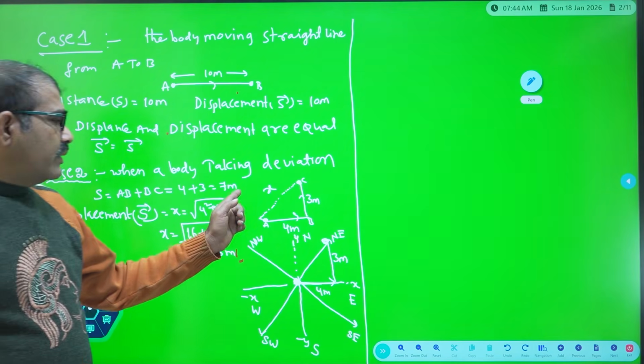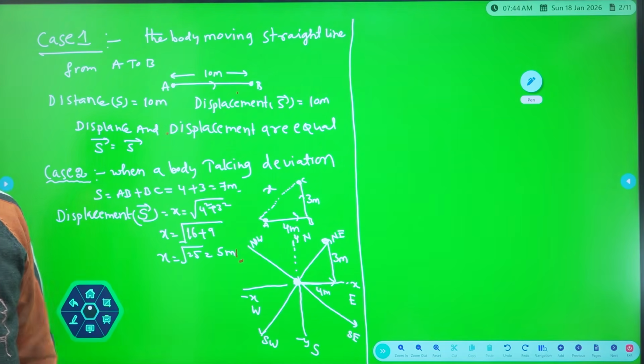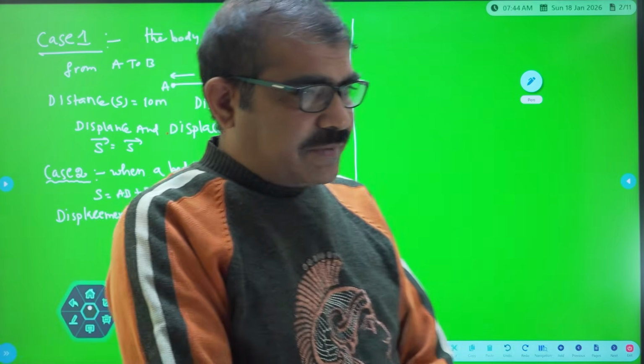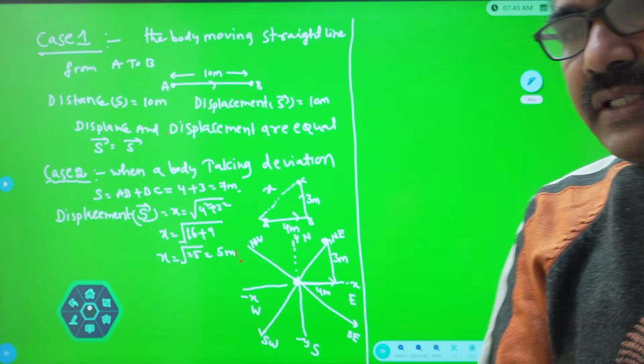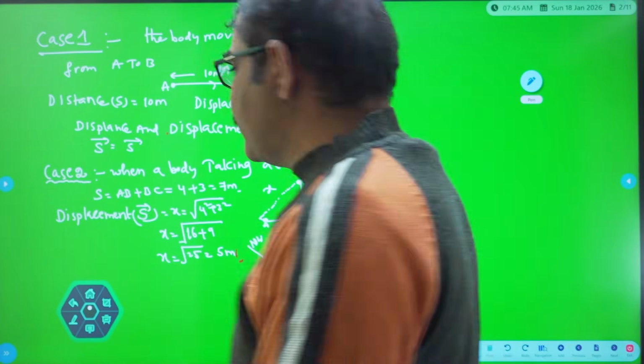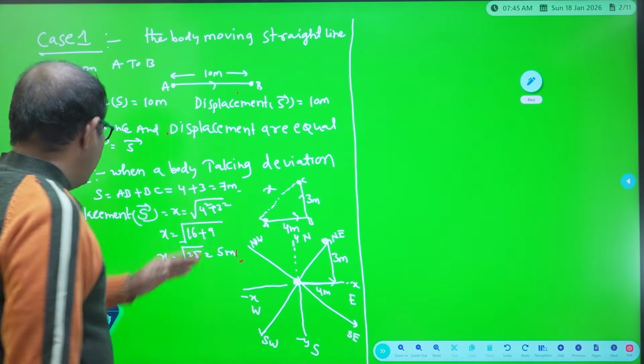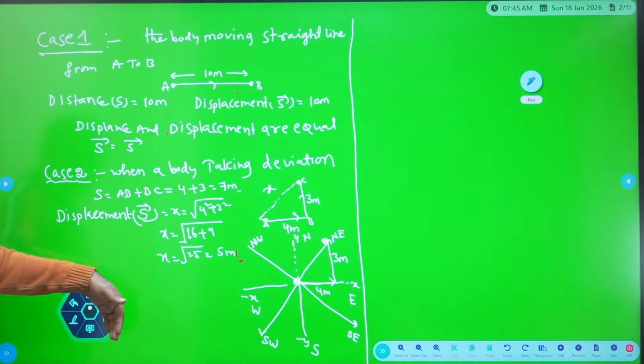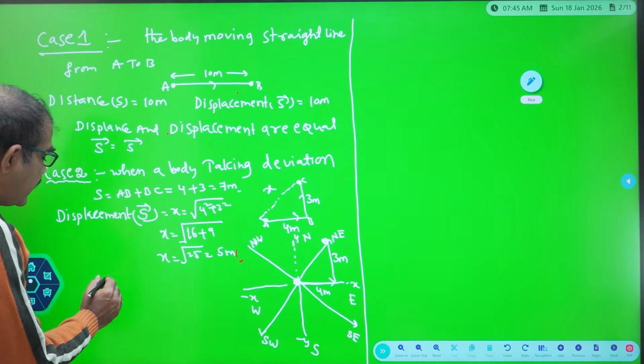Distance is 7 meter. Displacement is 5 meter. Which one is more? Distance ఎక్కువ ఉందా, displacement ఎక్కువ ఉందా? Observe చేయండి. Distance is 7. Displacement is 5. So what happens here?